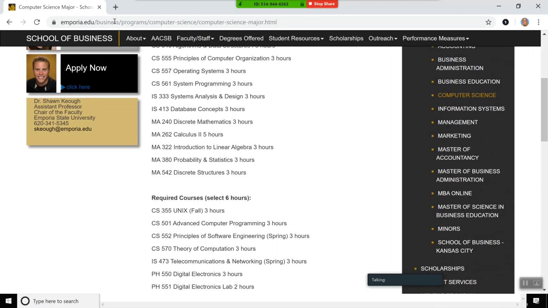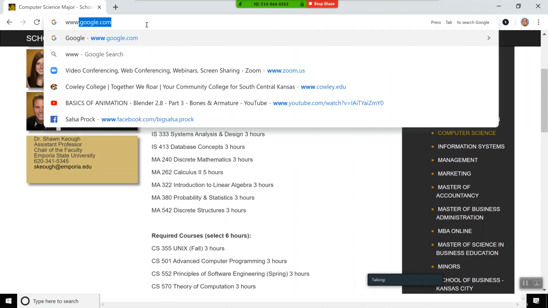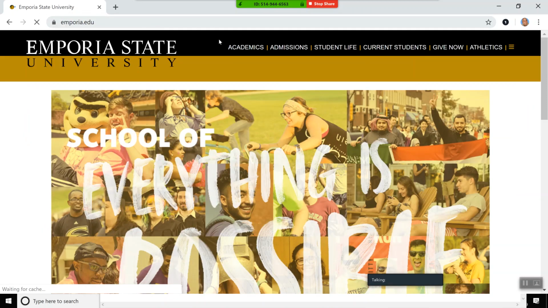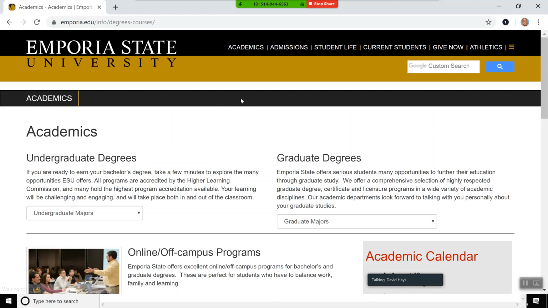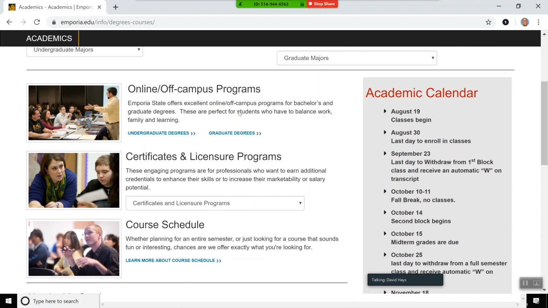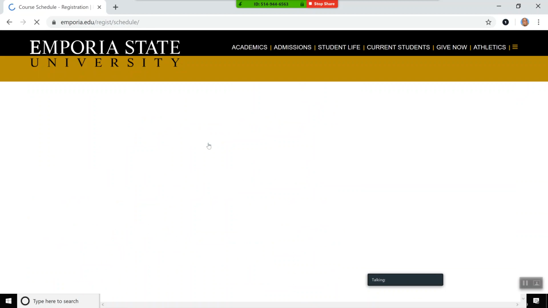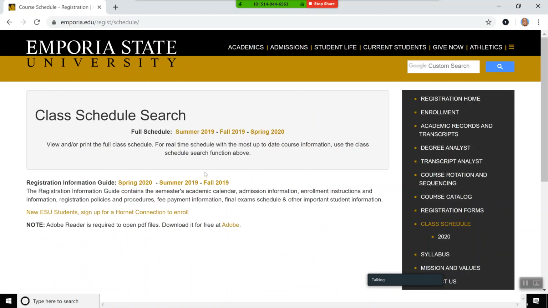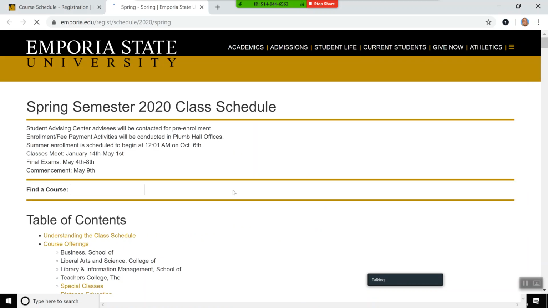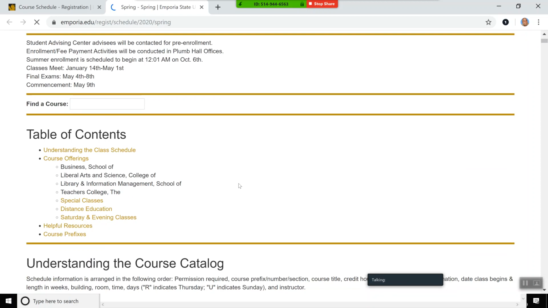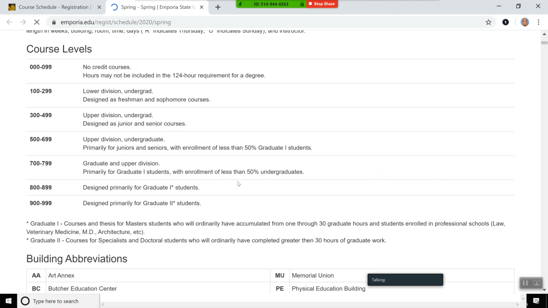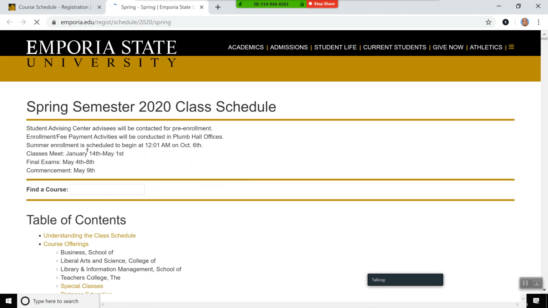So let's see if I can. Besides what's on their degree grid, you should go look at their schedule too, to see what they're actually offering. Find a course.